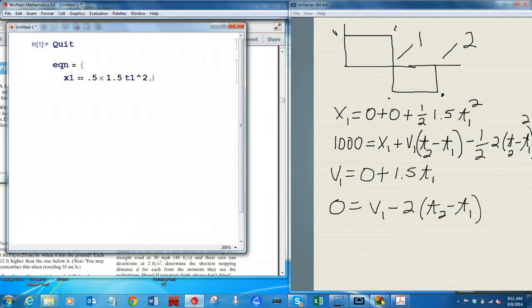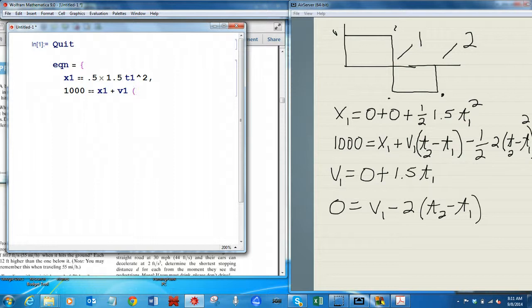Anyway, so okay, there's the first equation, and then I like to align them kind of separate. 1,000 equals x1 plus v1 times parentheses. So you don't need the times, right? If it's obvious that it's going to be multiplied, you don't need to put it in. If you're in doubt, throw it in.